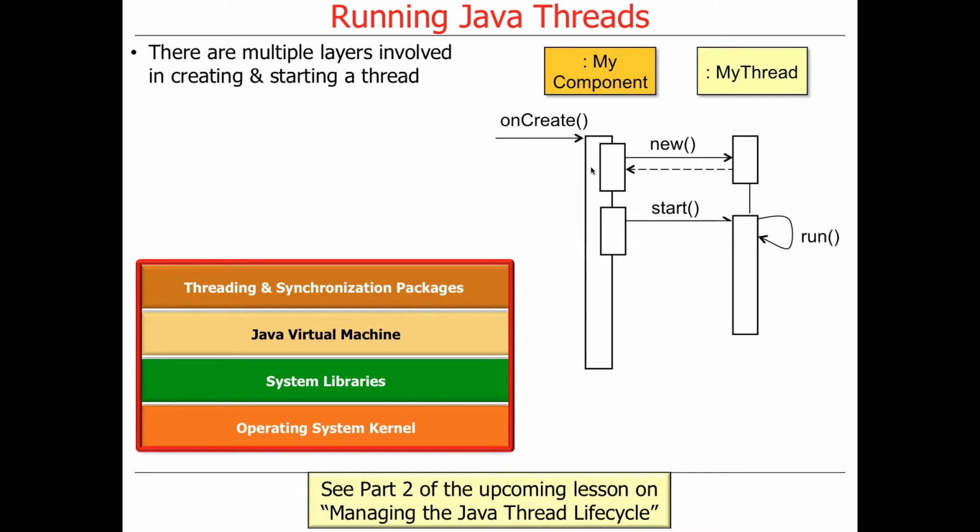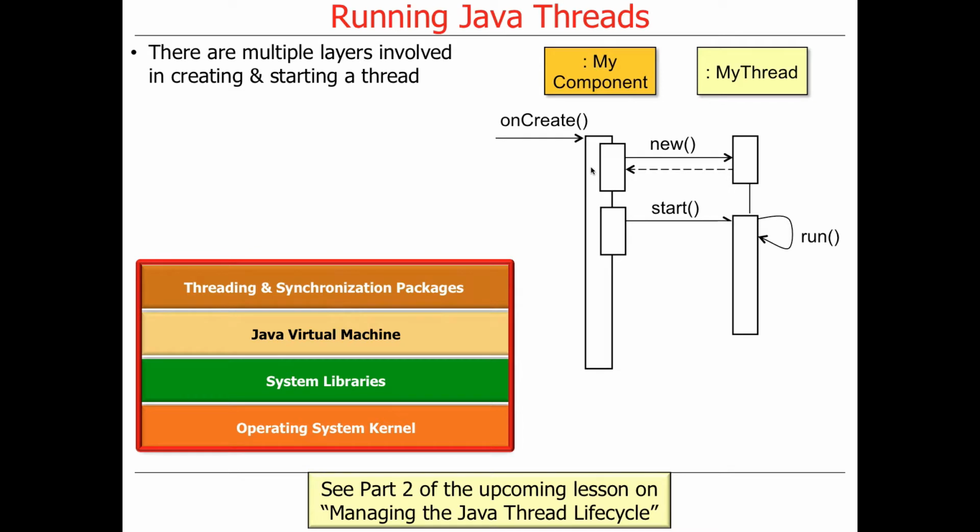As we'll see in more detail, there are multiple layers involved in creating and starting a thread. This is just a snippet of the stack. Here we've got the operating system kernel, which is where the threads ultimately run, on top of the hardware, the multiprocessor cores and so on.